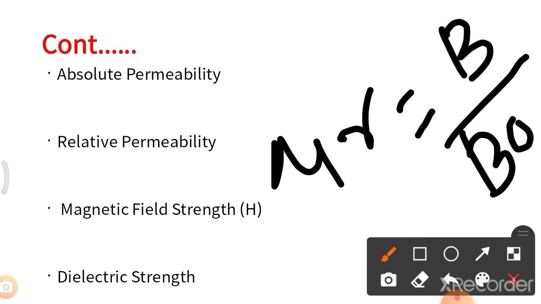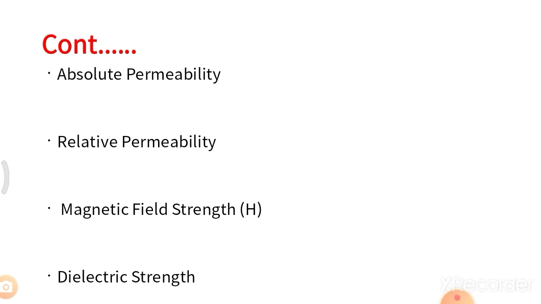If we require maximum flux production for lesser magnetic field strength, then the relative permeability of a material should be high. Next point is magnetic field strength, that is H. The force experienced by unit pole when it is placed at a point in a magnetic field is known as a magnetic field strength.